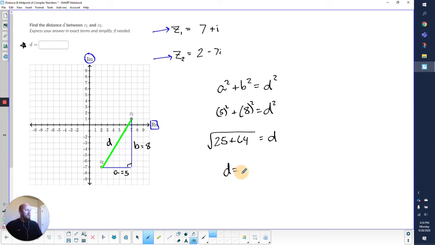We will get d equals the square root of 89. And yeah, so a little over 9, not quite 10, so 9 point something, 9.4, 9.5, somewhere in there. All right. That's the distance.